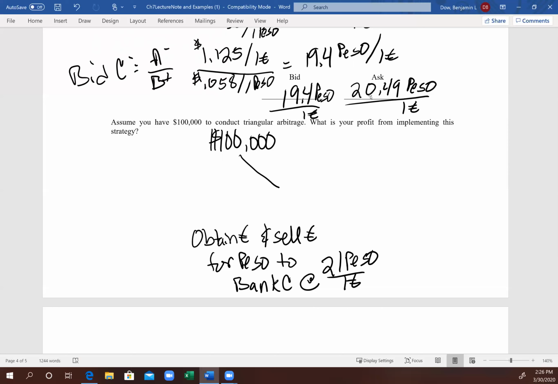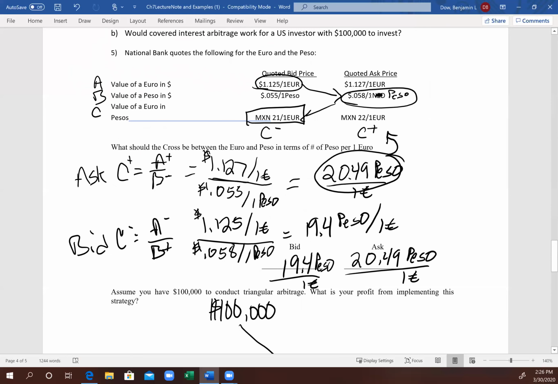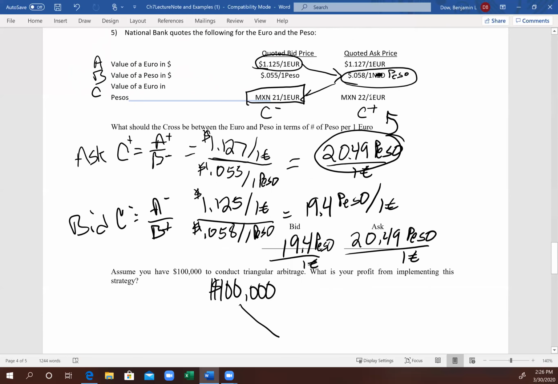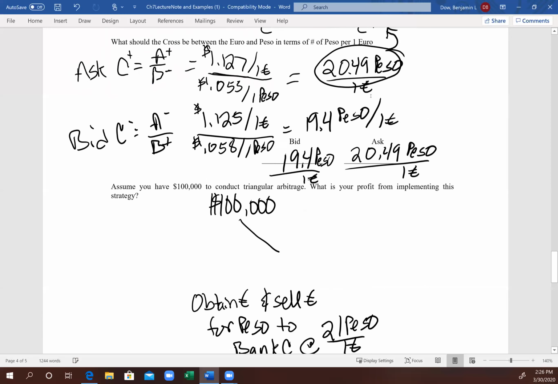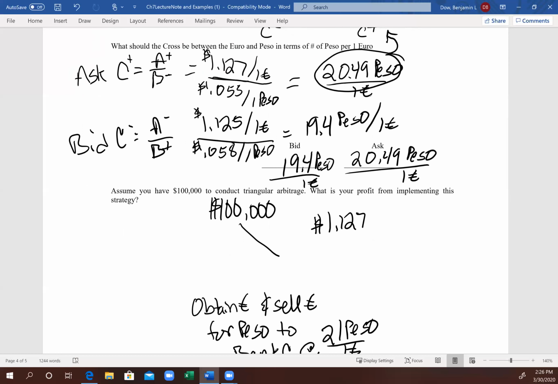So the first thing we need to do before we can sell them euros for pesos is obtain the euros. So we go back up here and we say, hey, I want to buy euros from Bank A. If I want to buy euros from Bank A, they're going to cost $1.127 per euro.